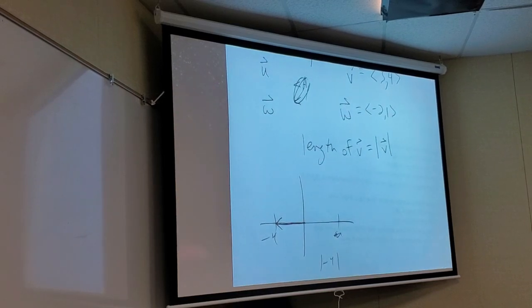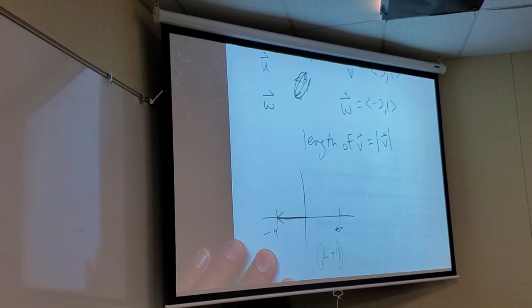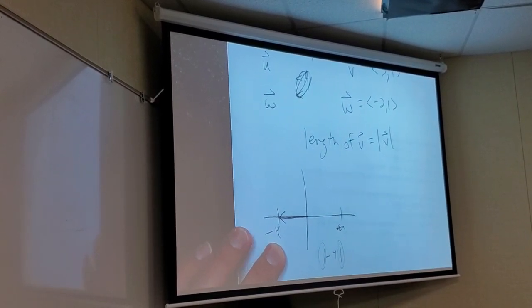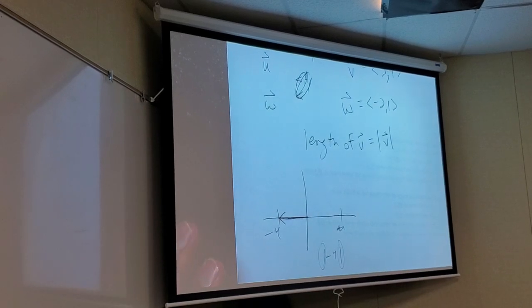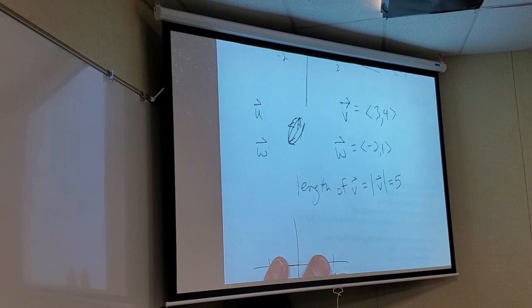We didn't say it like that because we didn't know what vectors were, right? But now that symbol really means the length of the vector, which is another reason why it's always positive, because you can't have something have a negative length. We can, but let's not go there. So this would be 5.